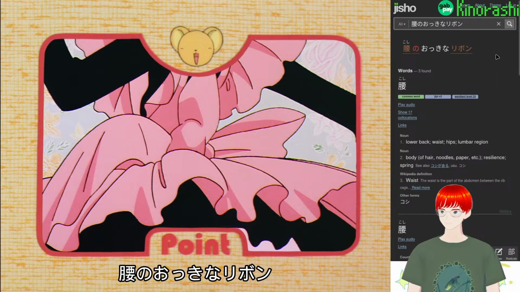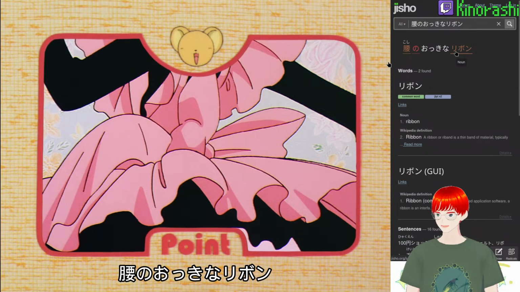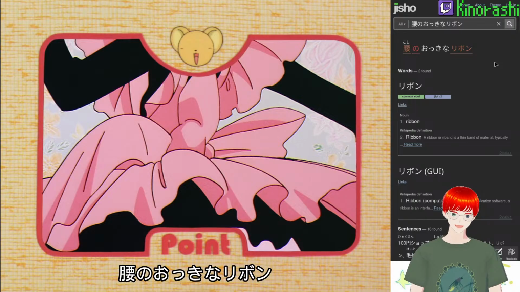The koshi no okina ribbon. Oh, ribbon. Okina.